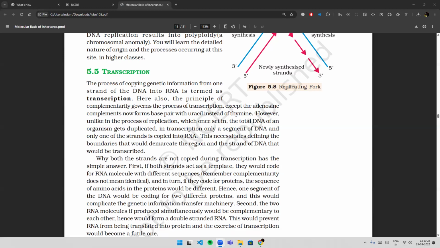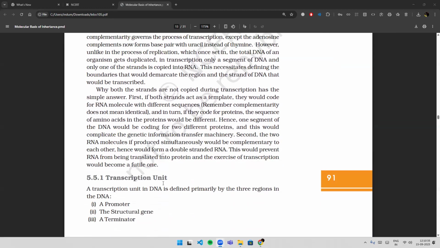Why both the strands are not copied during transcription has a simple answer. First, if both strands act as a template, they would code for RNA molecules with different sequences. Remember, complementarity does not mean identical. And in turn, if they code for proteins, the sequence of amino acids in the proteins would be different.